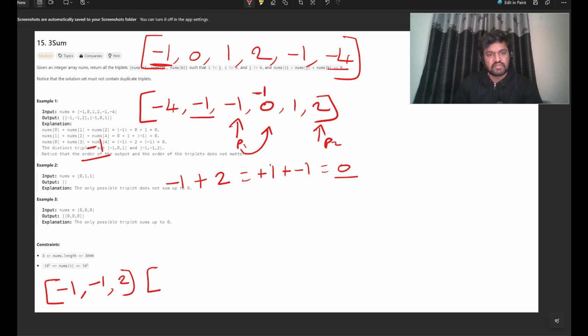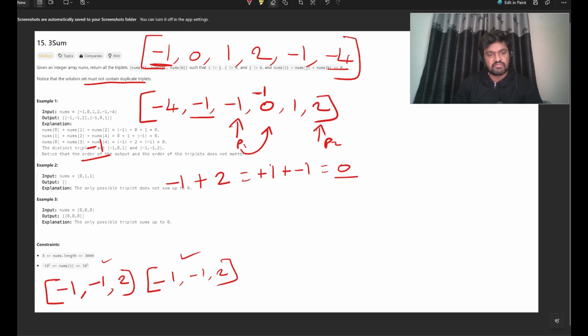This is minus 1 and 2, the answer will be 1, plus our static value minus 1, so it becomes 0. Our answer also will become minus 1, minus 1, 2. So this and this both are duplicates. As per our question, it shouldn't contain any duplicate triplets, correct?